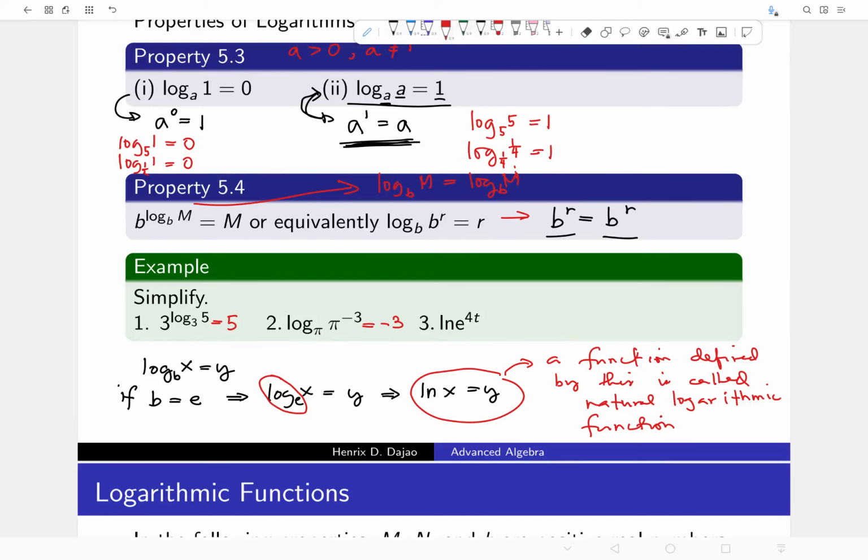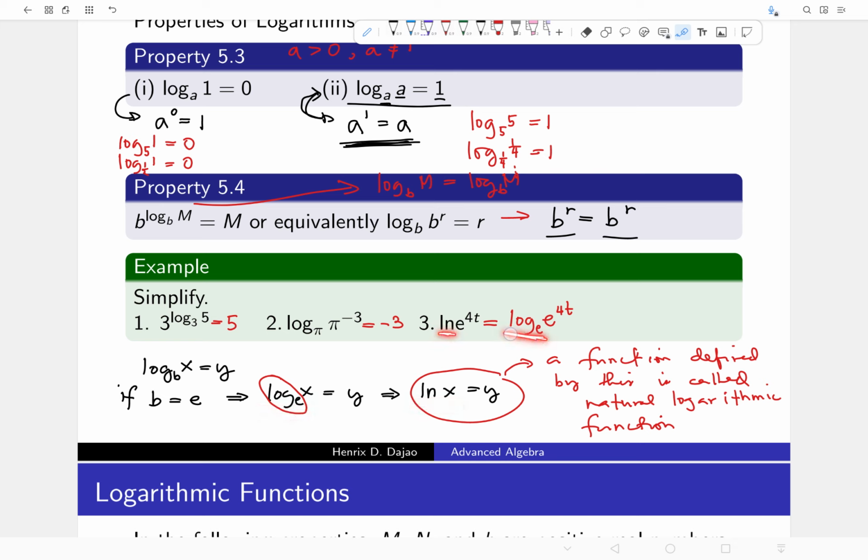Okay, so now let's go back to number 3. What if the given is ln of e raised to 4t? Remember that the base of this is actually e, so this one is actually equal to log of e raised to 4t with base e, right? As we have discussed previously, just equivalent.